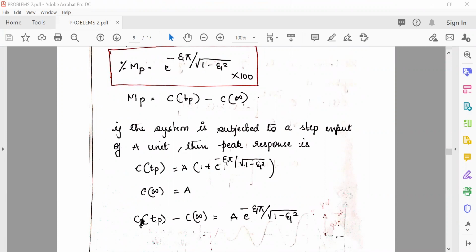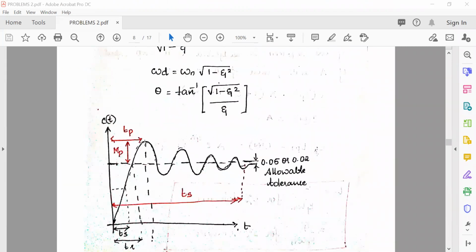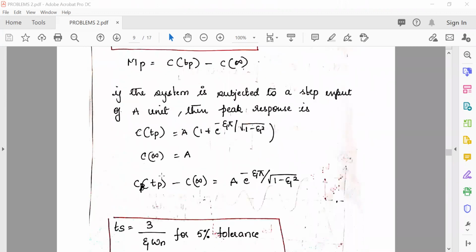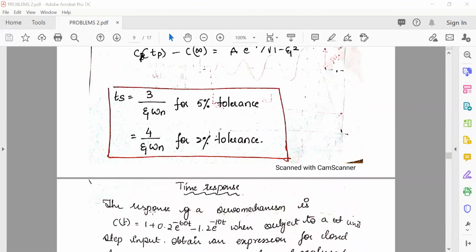At TP you will have the maximum overshoot. So substitute C at TP, the maximum peak value, minus C at infinity, the steady state value. You will get A into e to the power of minus zeta pi divided by root of 1 minus zeta square. This is the settling time for 5% tolerance and this will be for 2% tolerance.